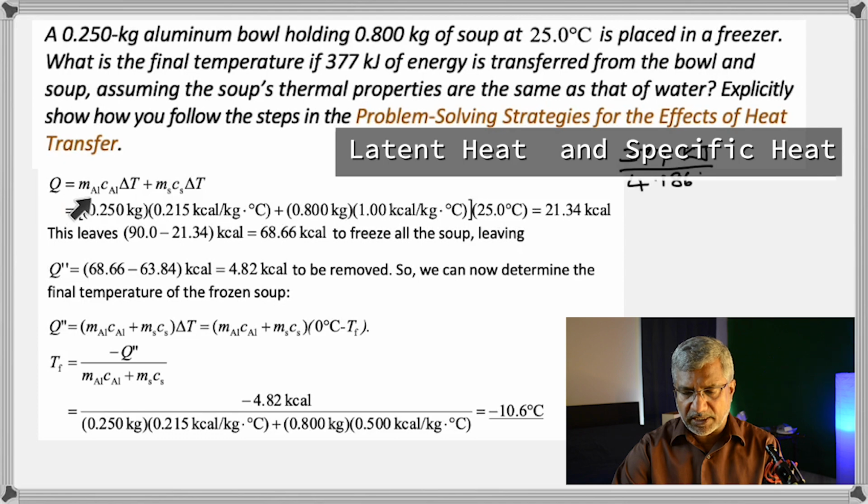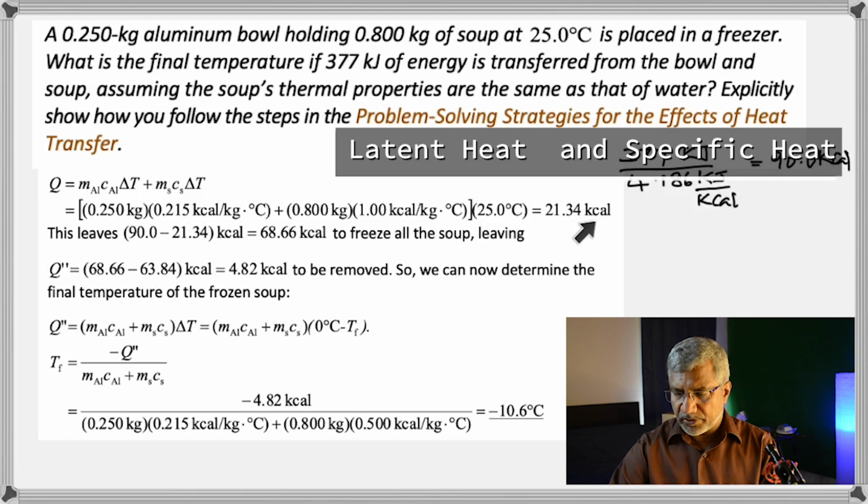So again, mass times specific heat times change in temperature. So that's the mass of aluminum, specific heat of aluminum given, and then change in temperature is taken out common. This is the mass of soup. That is the specific heat of soup, which is that of water. And then multiplied by change in temperature, could be in Celsius, remember. So you get 21.34 kilocalories.